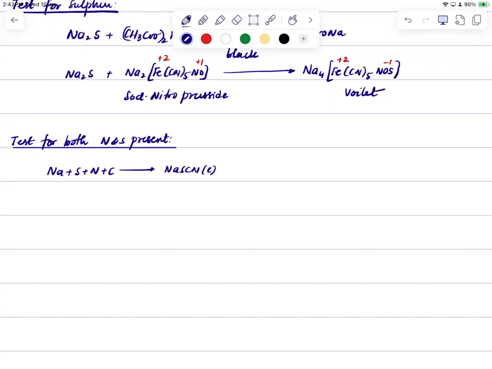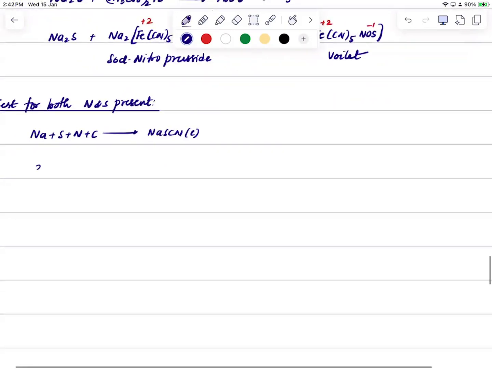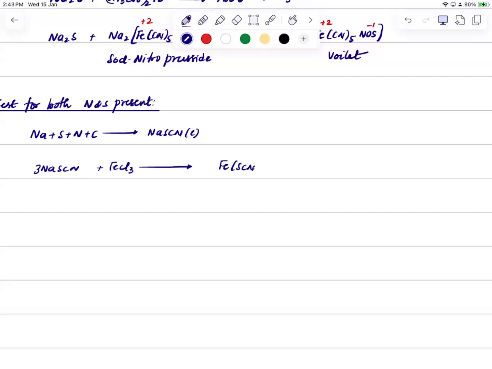And if I take 3 moles of NaSCN, sodium thiocyanate, plus FeCl3, then we will get Fe(SCN)3, which is blood red coloration, plus 3 moles of NaCl.